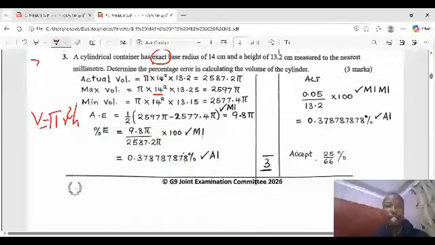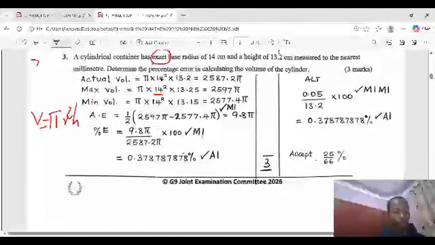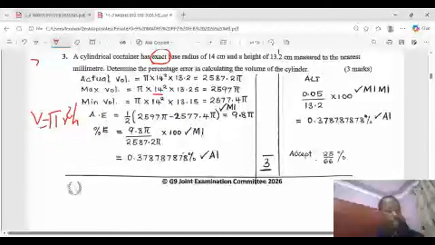Now 13.2, you have your calculator there. To the nearest millimeter, you have just one decimal.